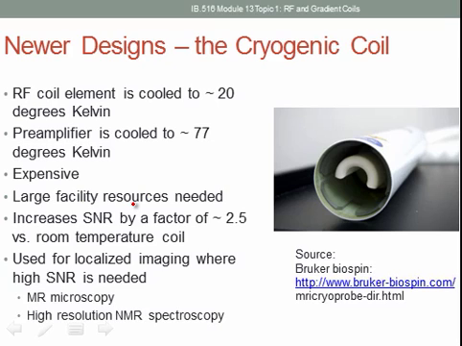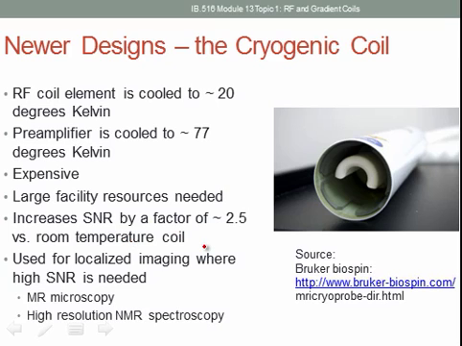You do need a large facility, a large amount of resources, such as you have to pump liquid helium into the coil. You have to make sure there are these heat exchangers that you need, a lot of special cabling, special tubing, but they really are nice because you do get an SNR increase of about 2.5 compared to a room temperature coil.